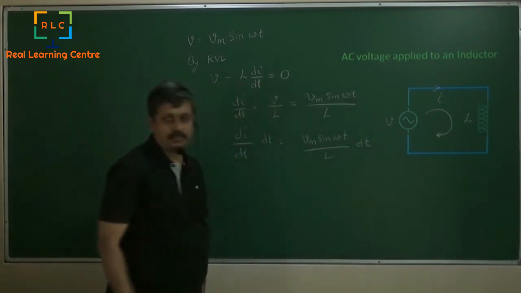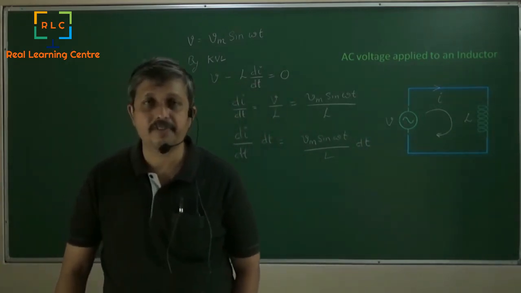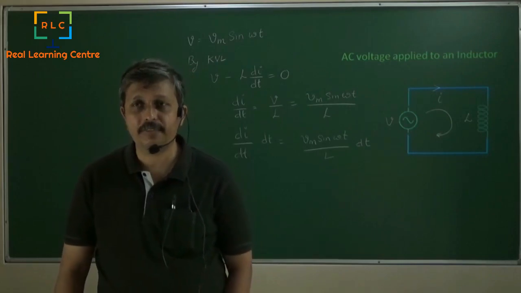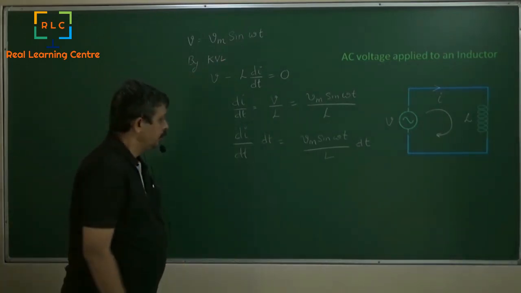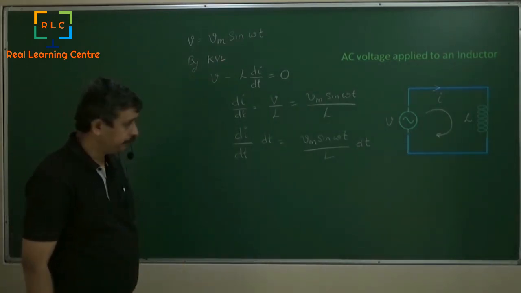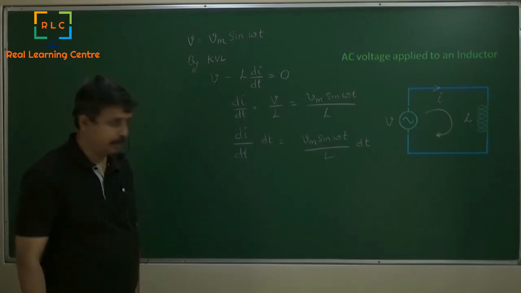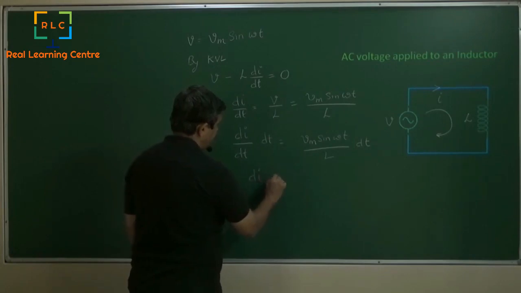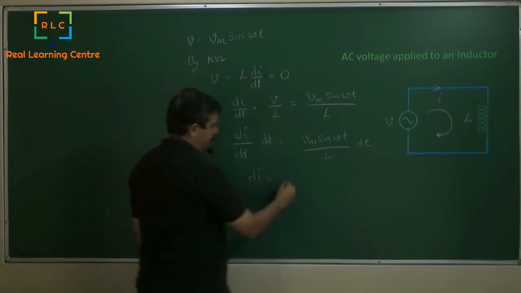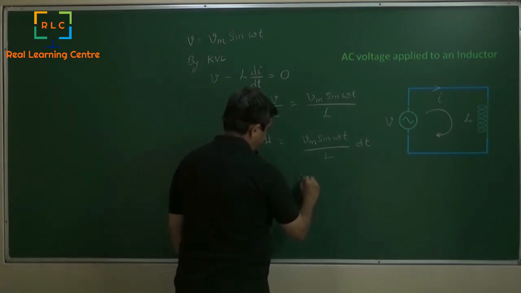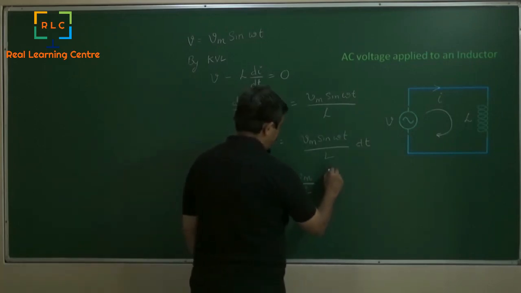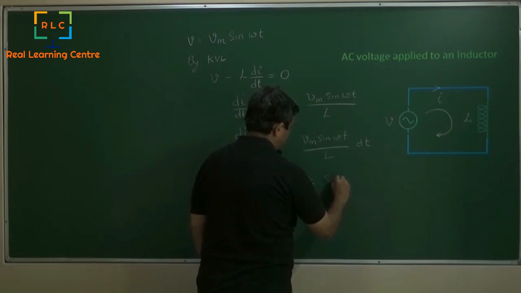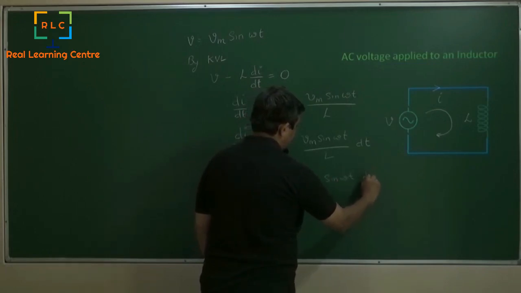This is the separation of variables method of solving differential equations, which you will come across in mathematics. So dt will cancel, and I'll say di is equal to Vm by L, which is a constant, times sin omega t dt.